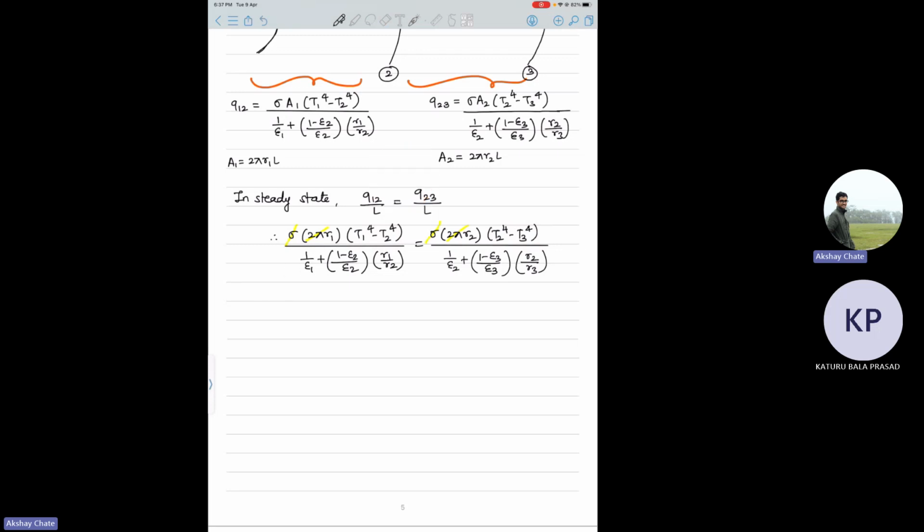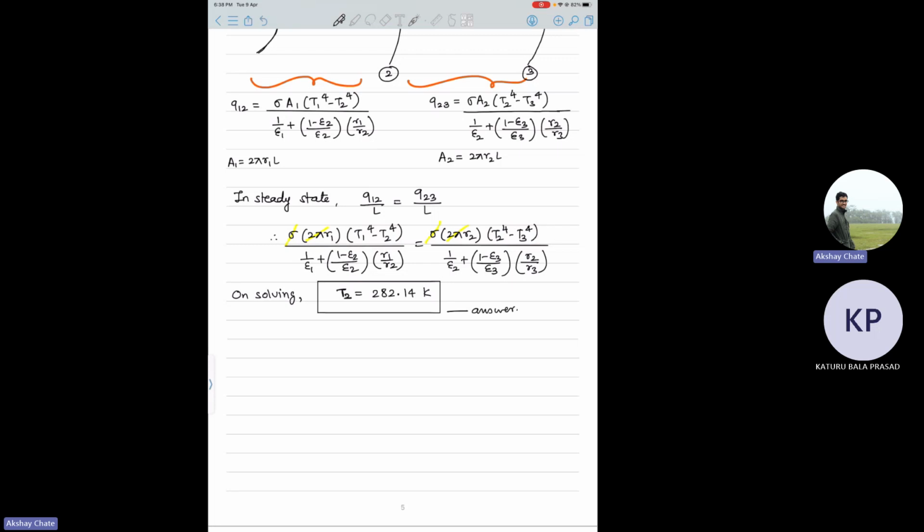So you can solve this, and on solving we should get T2 as 282.14 Kelvin. I am not solving it here because I think it's just an exercise for proper usage of calculator and values, etc. So I leave it up to you, and you should get this answer.